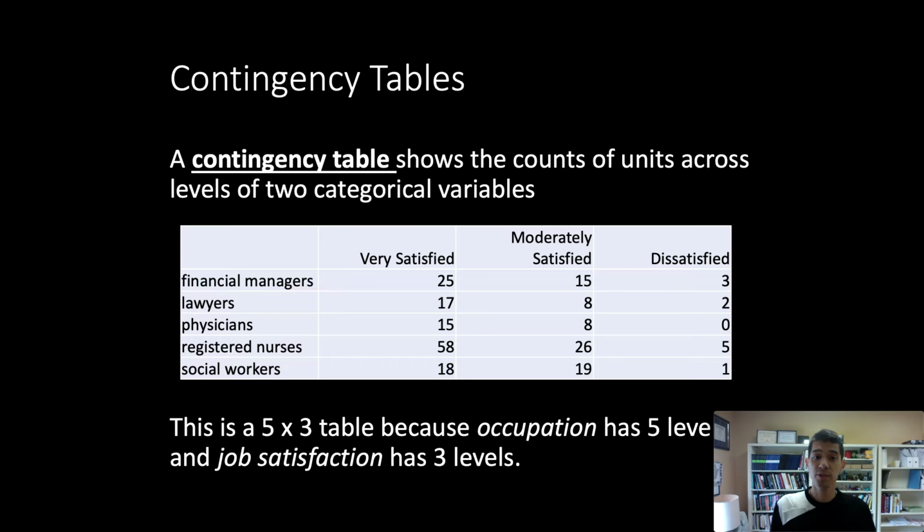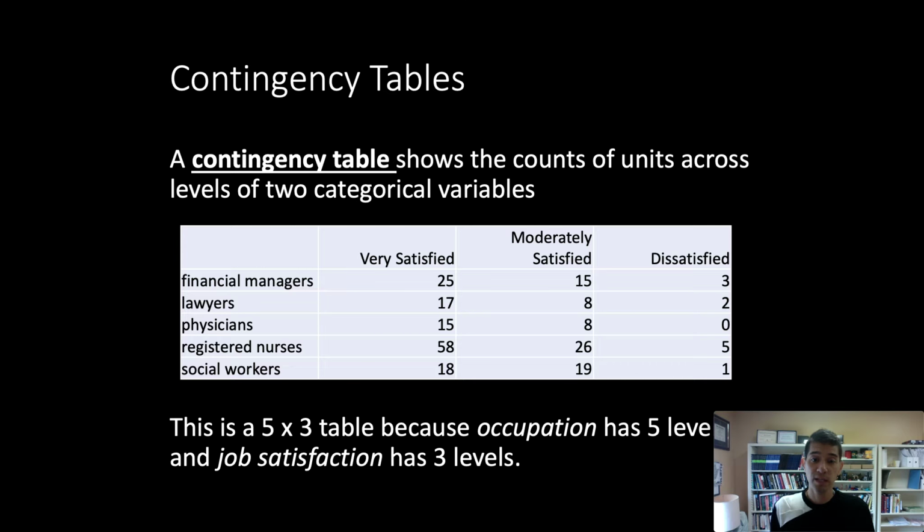So to understand if there's a relationship between job satisfaction and the kind of job that somebody does, we can see if these frequencies or these counts of people in the different portions of the table, we call each little individual box a cell, we can see if the distribution of these counts across the cells is different for some occupations relative to others.